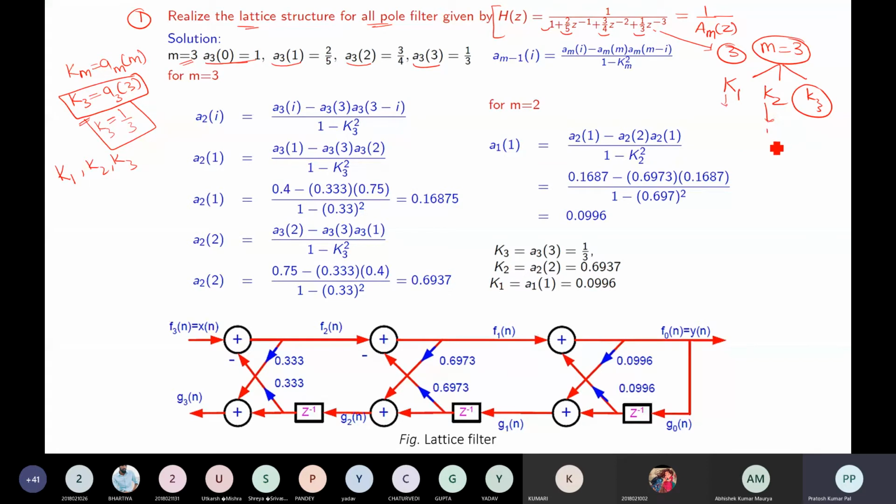K2 will be equal to A2(2) by this formula. Similarly, K1 will be A1(1). That means we need to find A2(2) and A1(1) so that we can find K2 and K1. We proceed once we already know all the values of order m equals 3. Similarly, for order 2, we use the generalized formula.